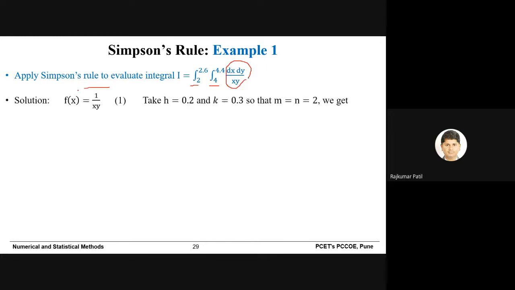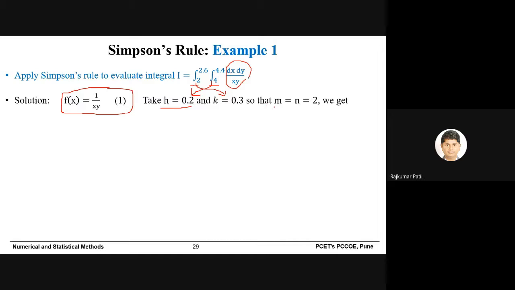The function f of xy will be 1 upon (x plus y). We will call it equation number 1. For the first integration we will take h equal to 0.2, and for the second integration we will take k equal to 0.3, so that in 2 steps we can solve this particular problem.